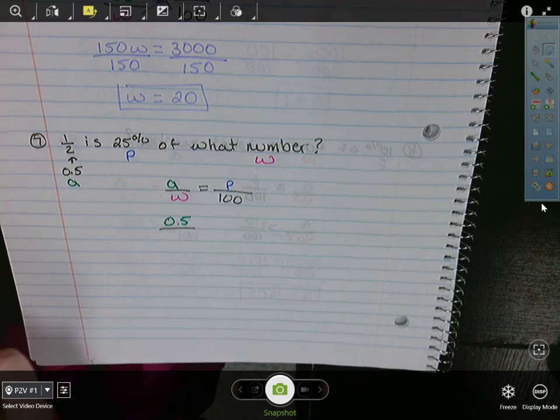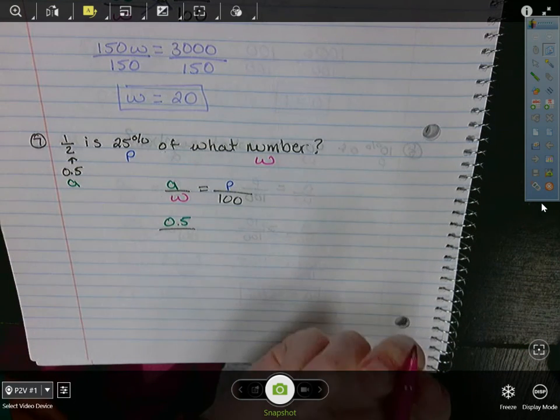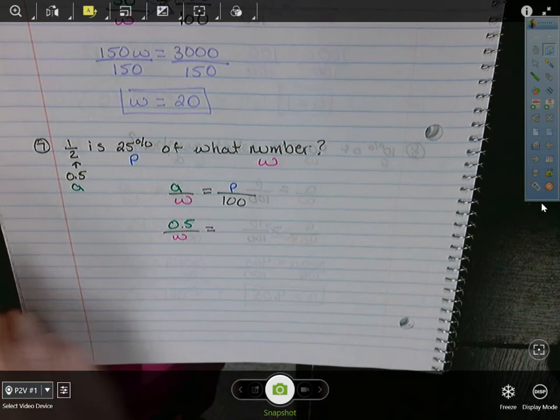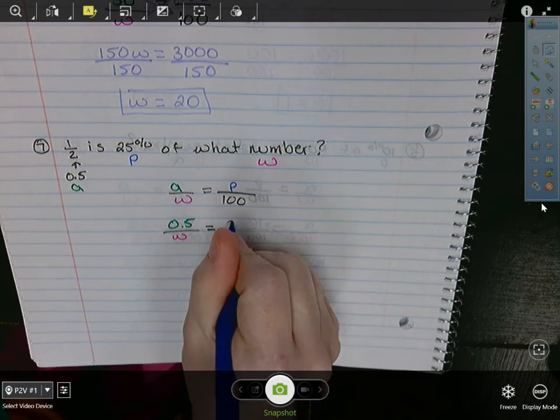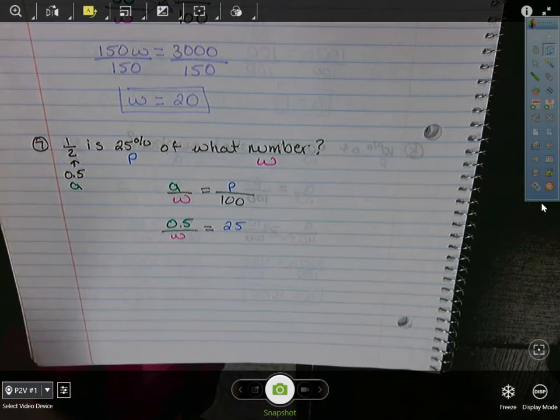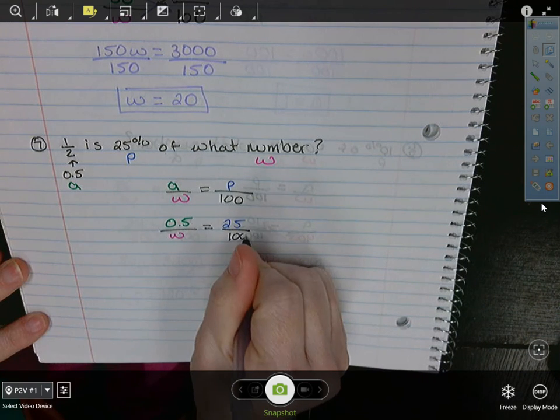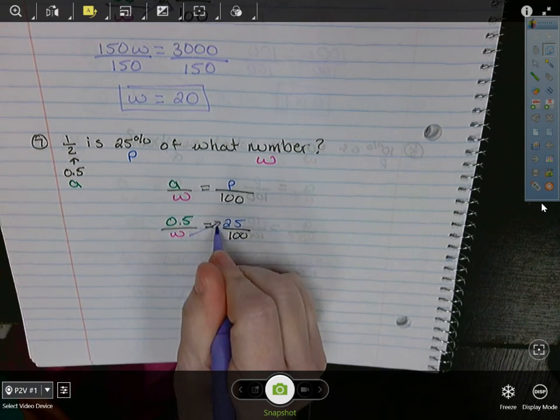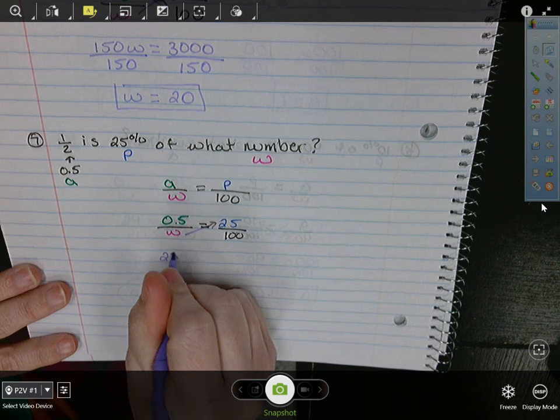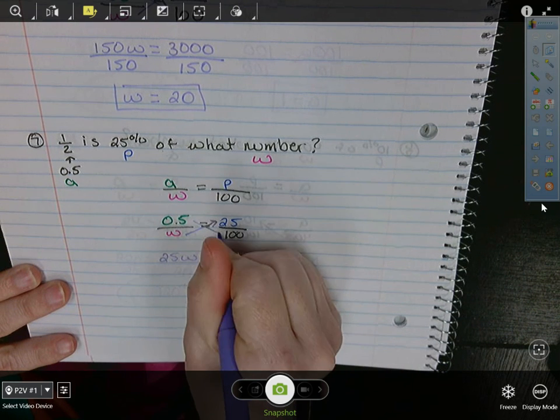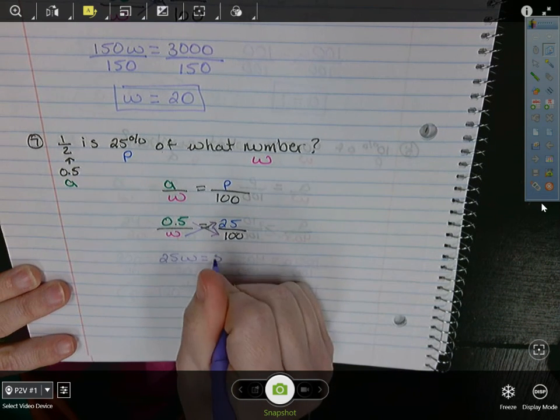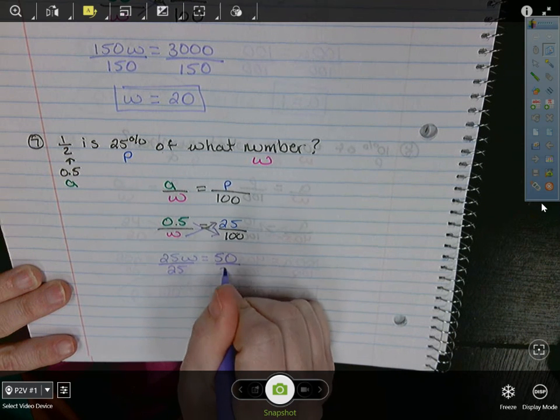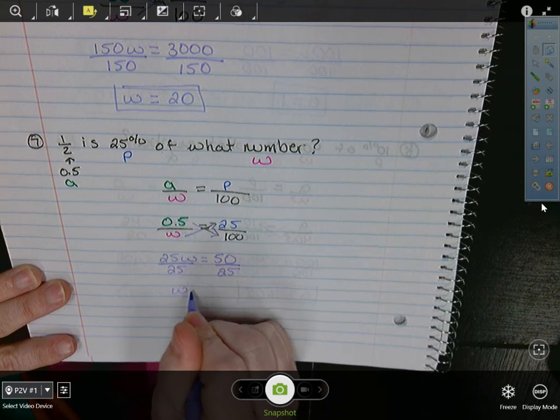For W, we don't know what that is, so we're just going to put a W. P is 25, and then over 100. Okay, all right, so then we solve. We do W times 25, which is 25W, equals 0.5 times 100, and that's 50. And then we divide both sides by 25, and we get W equals 2.